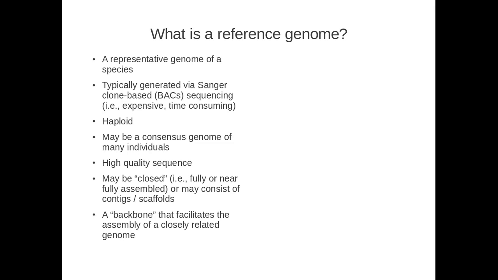These are really long inserts in a clone library where you just sequence the ends, and you do what we call shotgun sequencing. You have the ends of a very long molecule that might be 100 kilobases long. But the key thing about that BAC-end sequencing is that you have the sequence of these two fragments at the end of this very long chunk of DNA, and so you know that they're linked.